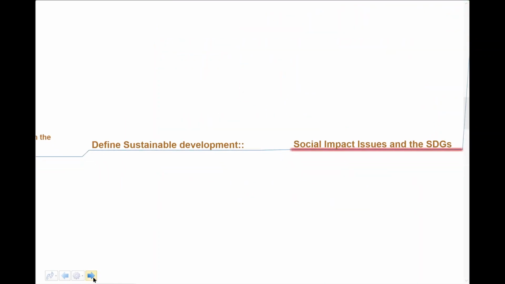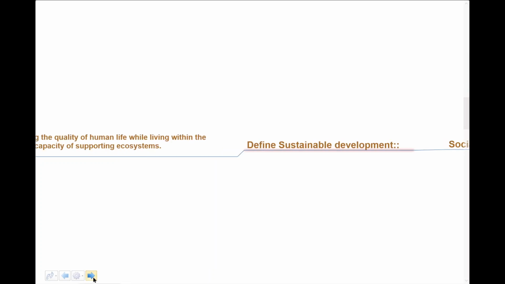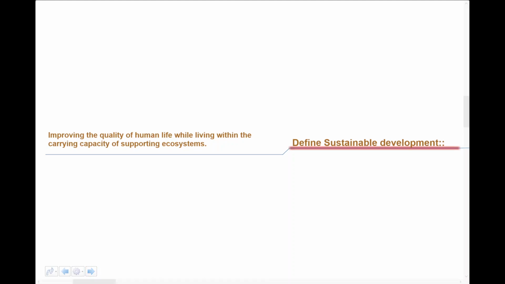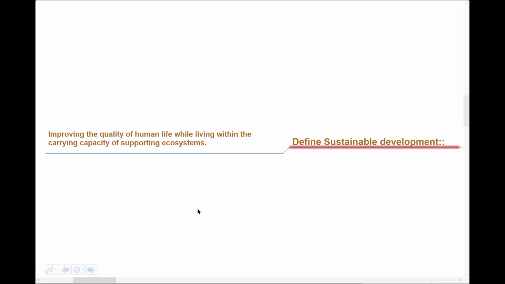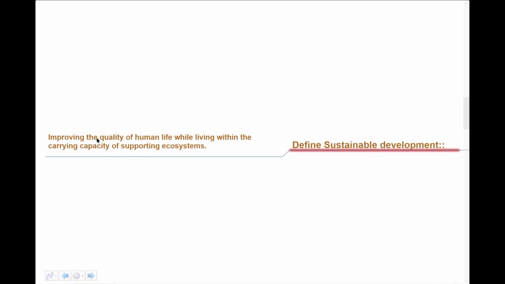Okay, next area for us is just reference to SDGs now, and indeed sustainable development, okay? So what do we mean by sustainable development? Really, what we're talking about is the quality of human life, okay? And indeed the balance between the quality of human life and what companies are doing and how they impact.